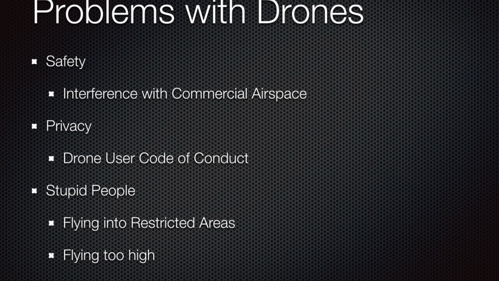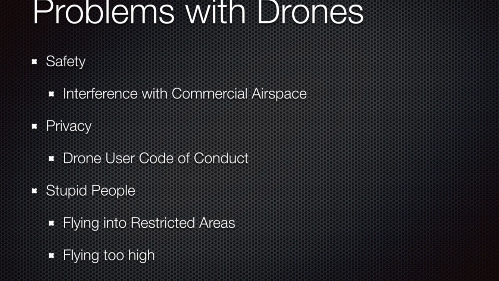The biggest safety issue comes in a couple of folds: when you're interfering with commercial airspace. You don't want to take this down around BWI and fly it down there, or up around Westminster and fly it in there. There is a privacy policy, a kind of unofficial drone user code of conduct, that's shipped with every drone.